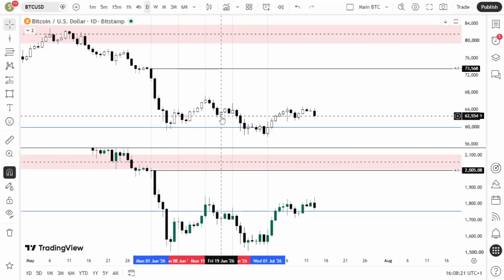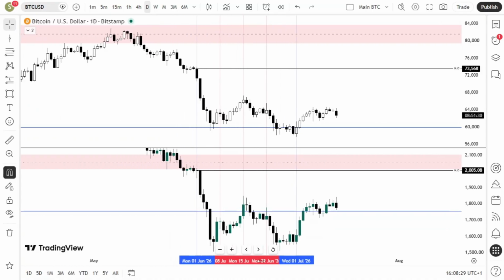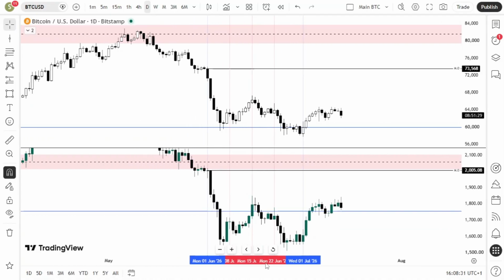Your monthly order block is a true break of structure on the daily time frame. So I will touch a bit more on that, but your monthly order blocks are a true break of structure on the daily time frame.